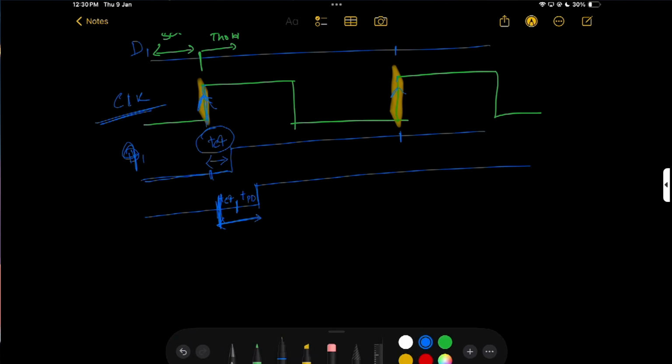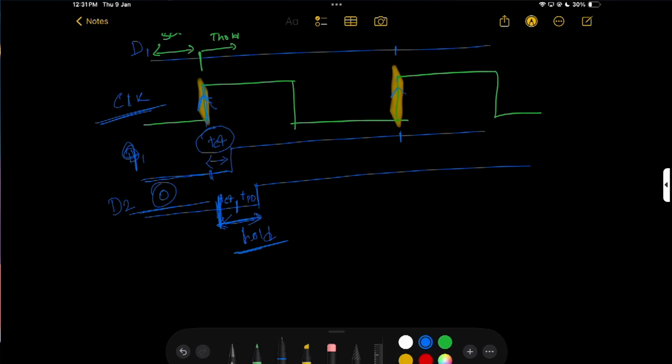Okay, so before that my input is 0 because it is D2, so it does not violate the setup time, but now it's time to check the hold time, whether my hold time is violated or not.